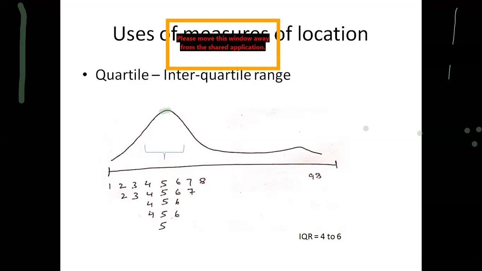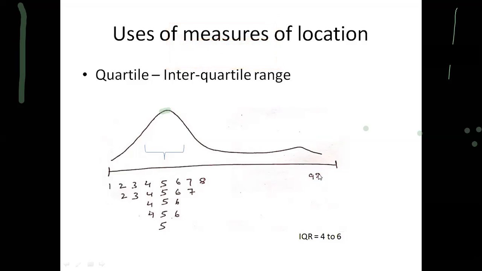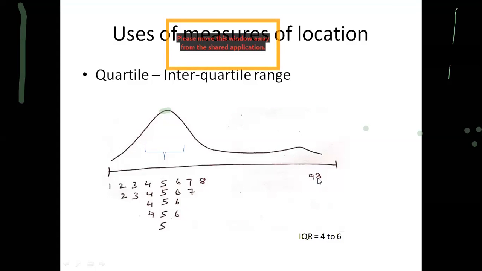We talked a little bit about skewness in the previous lecture. This is right skewed data, and if you use the range to describe it, the range will be from 1 to 98. Will it be justified to describe the data as having most observations between 1 and 98?